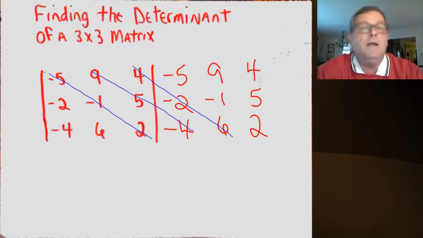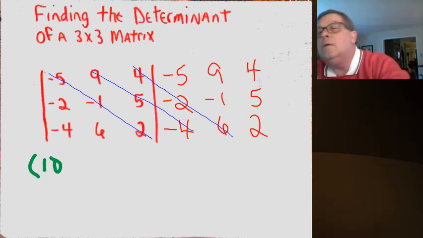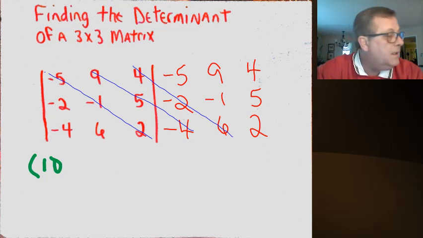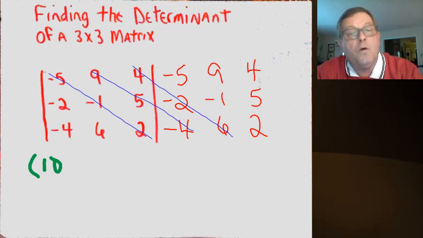So let's see. I've got minus 5 times minus 1 times 2. Well, that's going to give me 10. And then I've got 9 times 5. Well, 9 times 5 is 45, times minus 4. 45 times minus 4, I happen to know, is minus 180.